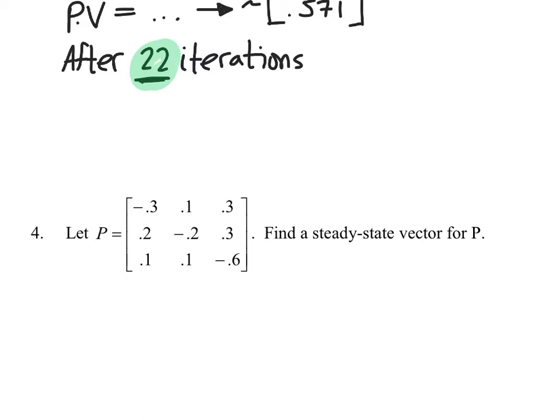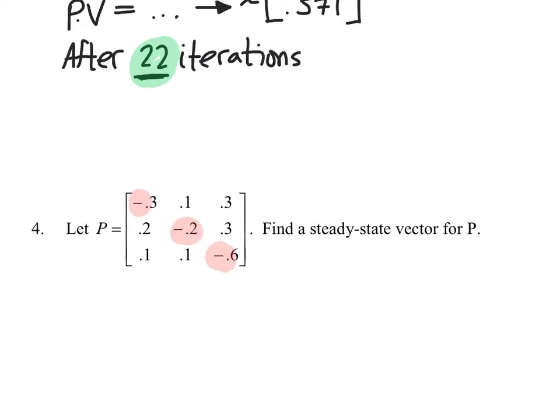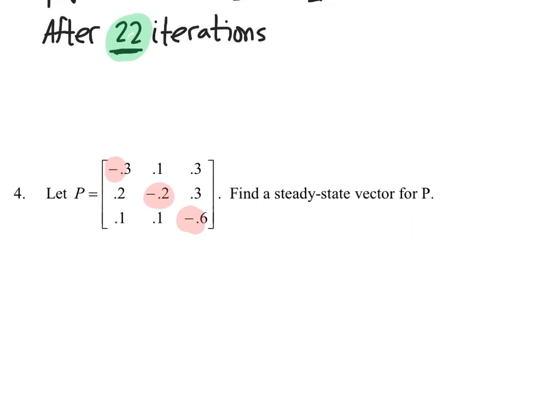Second example, and let me highlight a couple of things. All right. So it's a probability matrix, as in probability. So yeah, the columns have to add up to 1.